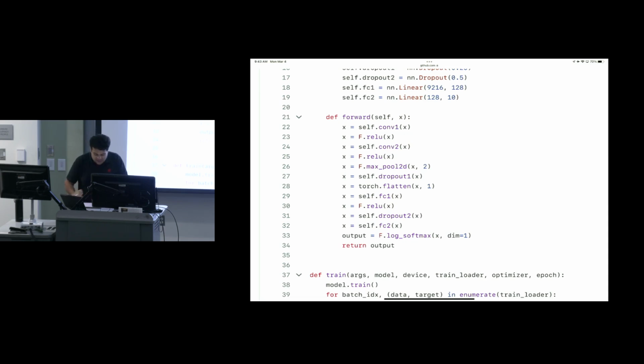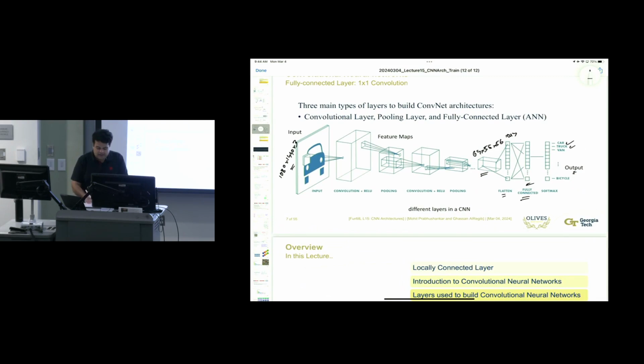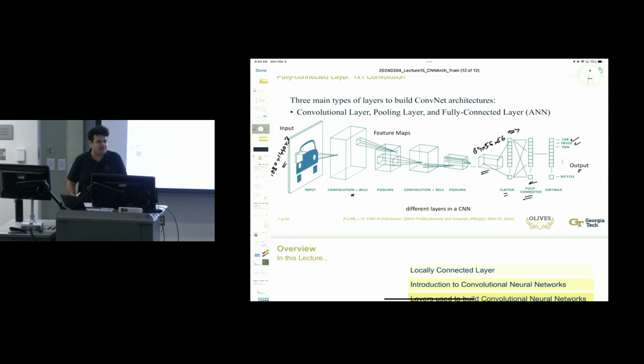In this case, we have line number 29, which is self.fc1 of x, and line number 32, which is fc2 of x. So those are the fully connected layers that can exist. There are a couple of other things here like dropout that we're going to discuss today, but essentially the most important layers within a convolutional neural network are the convolution layer itself along with a certain activation, the pooling layer, and the fully connected layer.